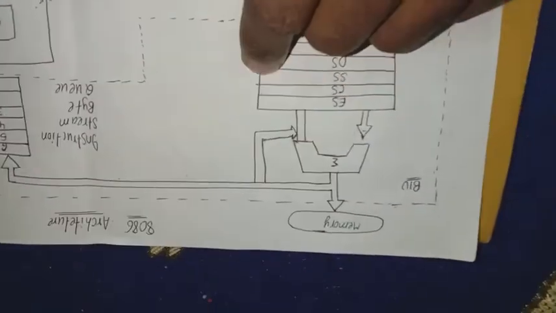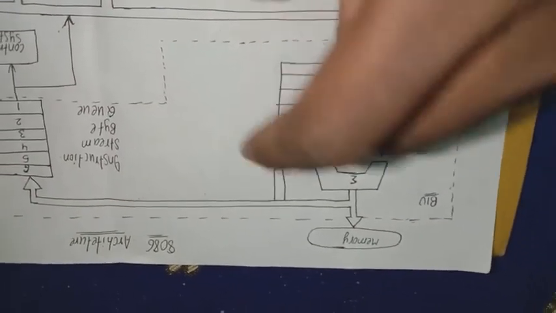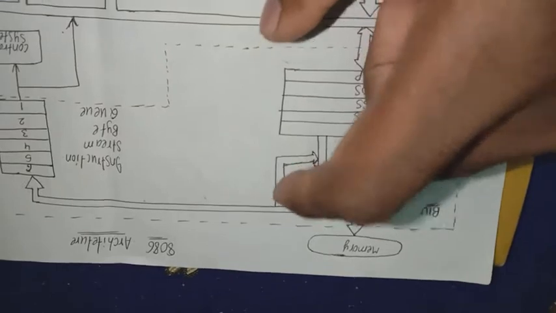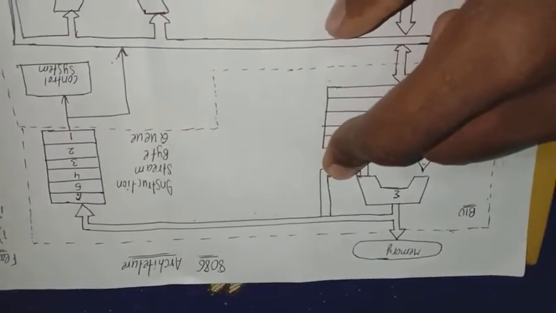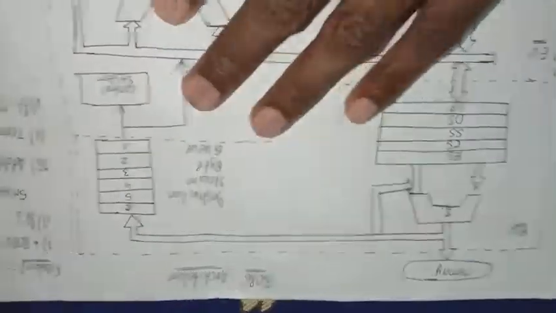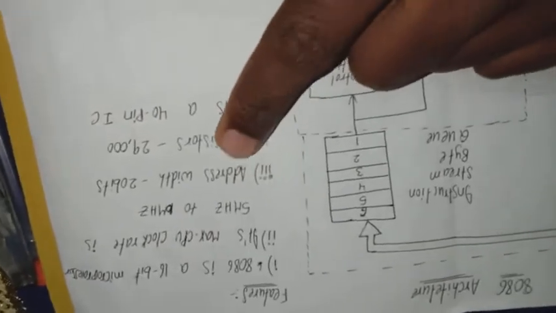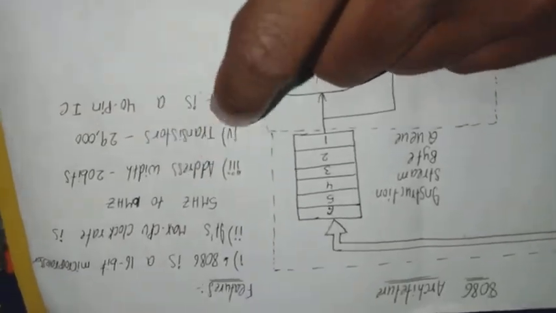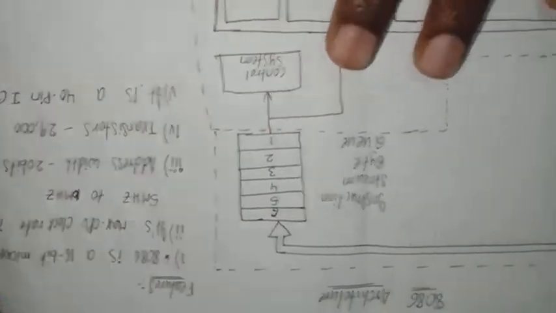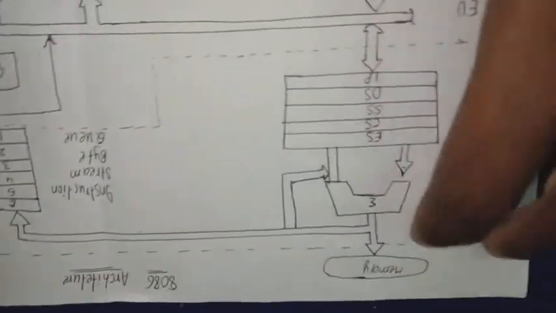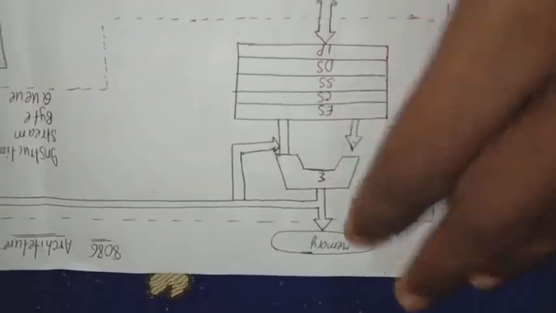So it has very high speed. So this is the use of pipelining. They introduced pipelining in the 8086 architecture for more speed. As we discussed earlier, it has 5 MHz to 10 MHz of clock rate. So it is much faster than the previous versions.